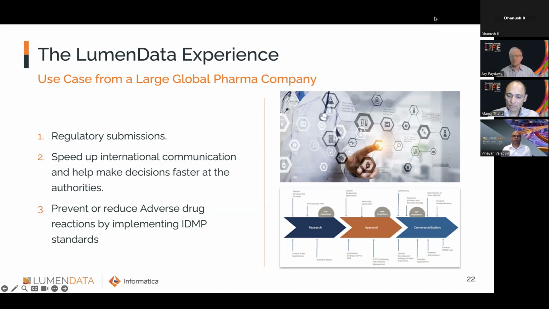And if we look globally, there are different regulators across the globe with different formats and different processes. So the goal of IDMP is to regulate that to a single standard, so it can facilitate reuse of data across different regulators and procedures, as well as speed up the process, right? The second part is about the speed of international communication, which helps make decisions faster, right?